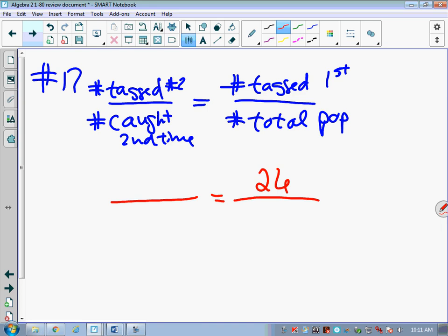Okay, on a return visit the next week, the researcher captures 49 squirrels. 16 of them are marked. All right, so where does the 49 go? Top left, bottom right. Bottom left. Number caught the second time is 49. Okay? So then where does the 16 go? 16 of them are marked from the previous week. Top left.